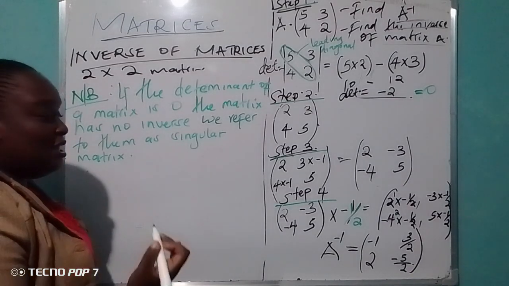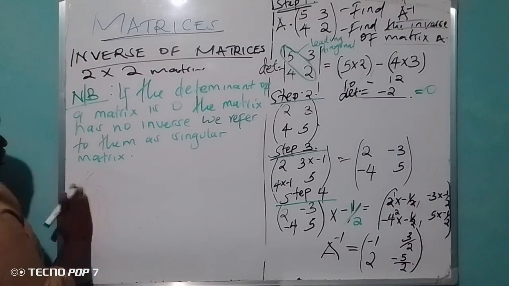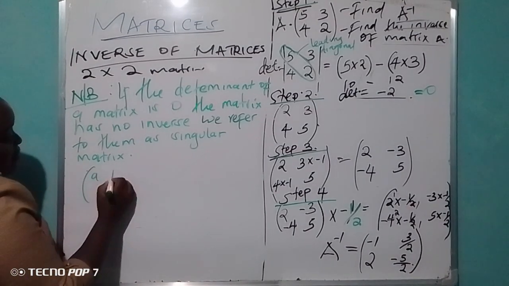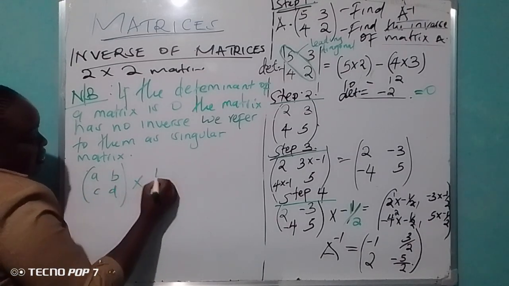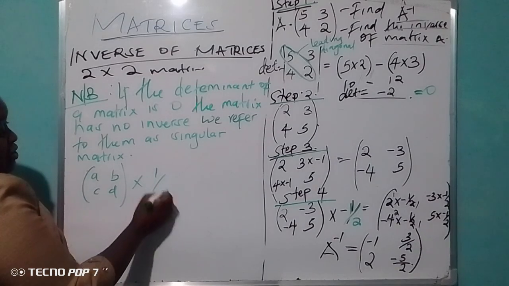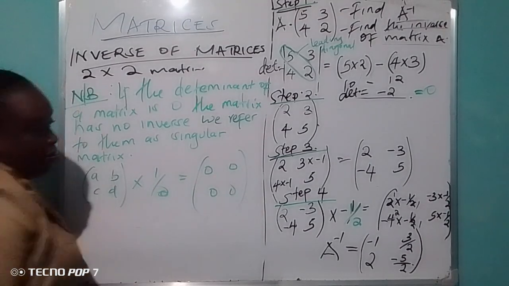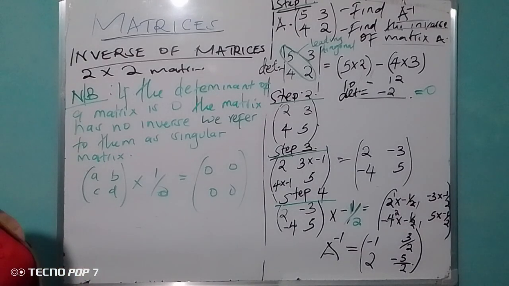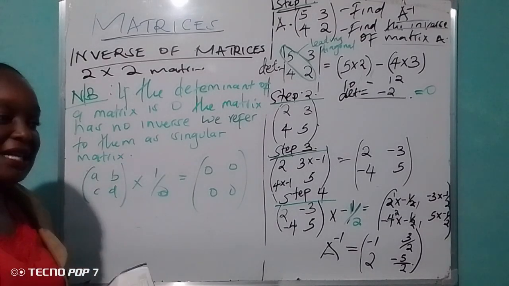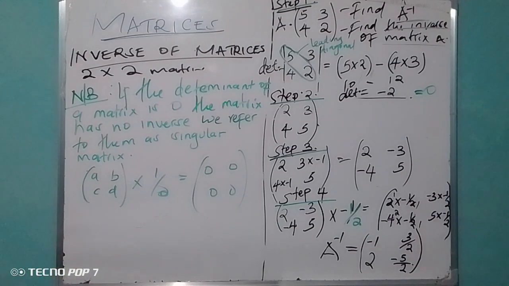When you do its inverse, say for example, let's say just A, B, C, D times the inverse of the determinant. Determinant is 0. Si kila kitu hapa itakuja ikue 0, 0, 0, 0. Yeah? That is a singular matrix. Its determinant is 0.